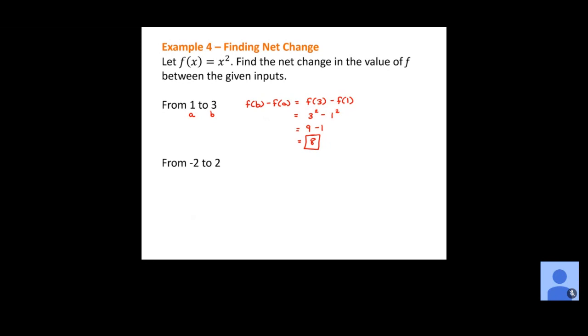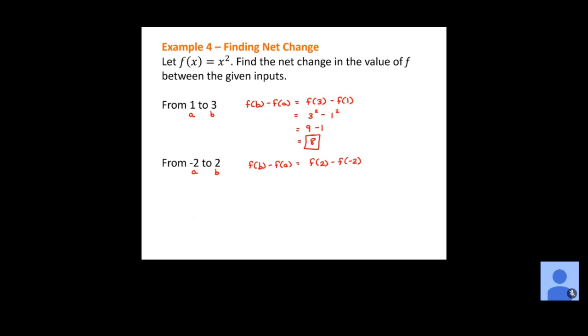Same process for the next one. We're trying to find the net change between -2 and 2. So again, our smaller value is going to be the a, the bigger value is going to be the b. So now f of b minus f of a is going to be equal to f of 2 minus f of -2.